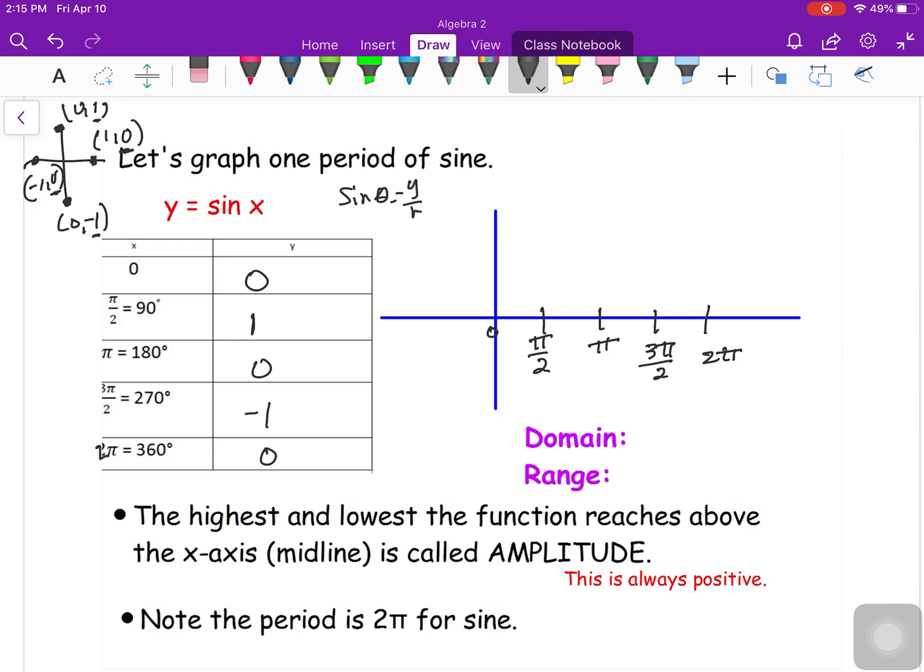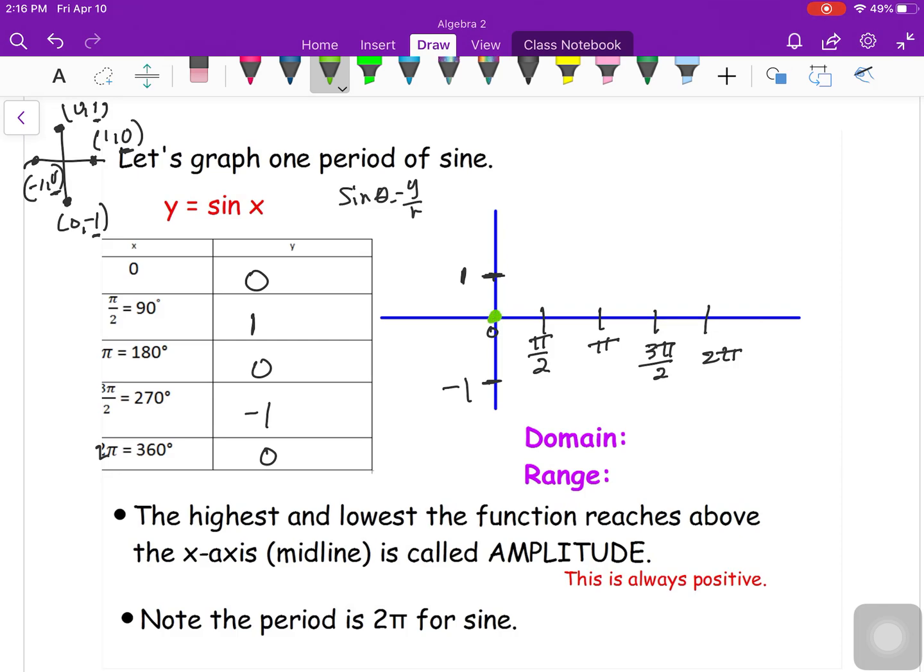My y's go 0, 1, 0, -1, 0. So I need a 1 and a -1. You must label your x-axis all the time and your y-axis all the time. So we are now ready to plot those points.